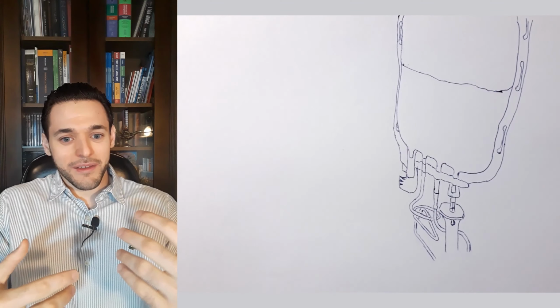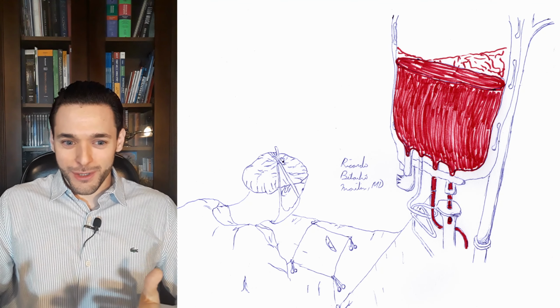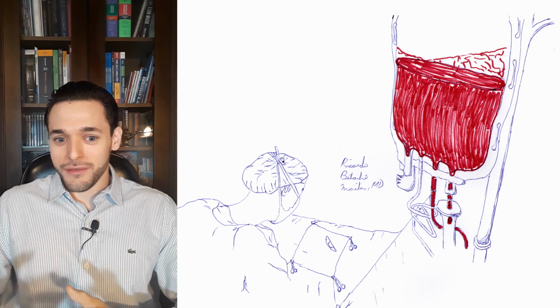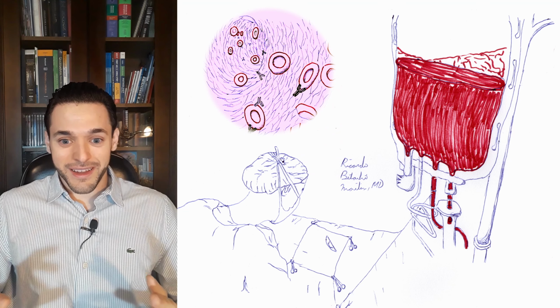ABO incompatibility transfusion reactions, a type of hyperacute graft rejection for a non-solid graft, is also a type 2 hypersensitivity.